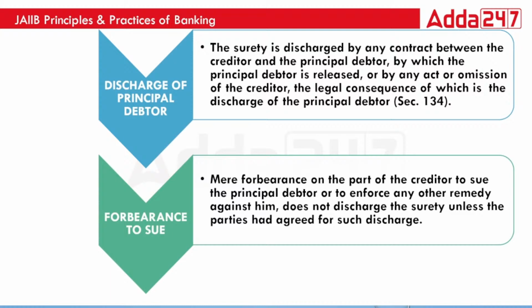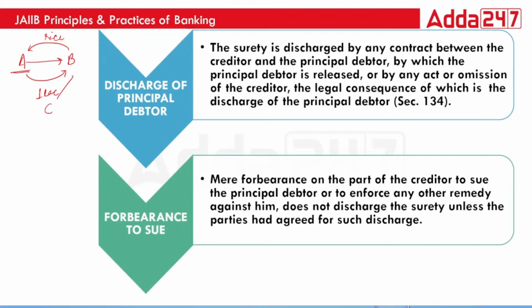Next comes discharge of the principal debtor. Again in the same example, A and B had a contract where B will give rice to A and A will give 1 lakh to B. Now A is discharged of his duty, maybe because he made the payment, or there was something wrong with the contract itself, or there was some other legal position because of which A got discharged of that particular contract.